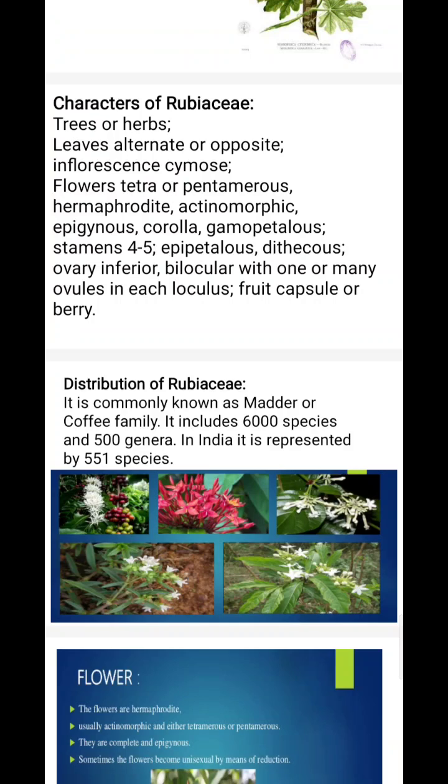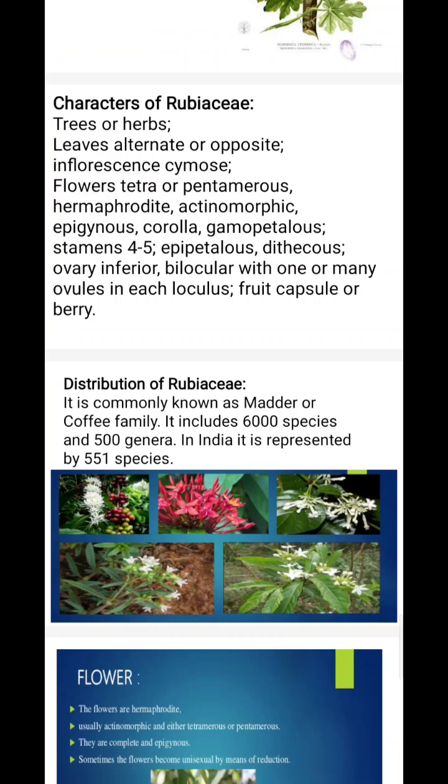That means these stamens are attached to the petals and they are dithecous, that means the two pollen sacs are connected with the connective. And the ovary is inferior, that is all floral parts are present above the ovary. Then this ovary is bilocular with one or many ovules in each locule.